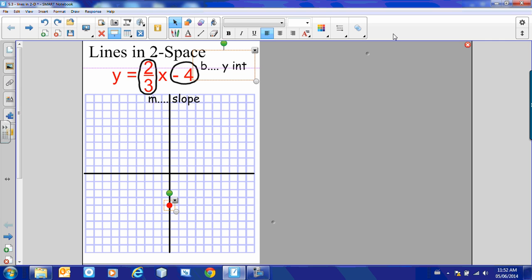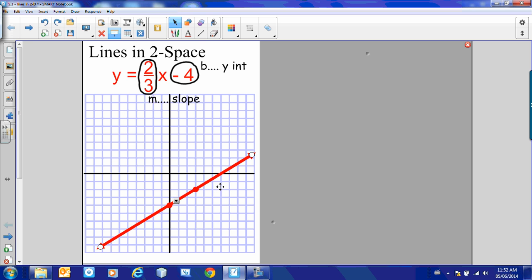The y-intercept is the point on the y-axis where the line passes through. The slope tells us how to get to another point given that we have one to start. So from this point we go up 2, we rise 2, we run 3 to get to that spot. And of course that gives us a definition of how our line is going to look.